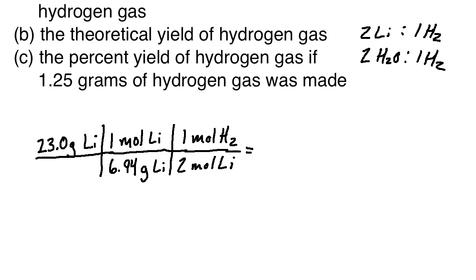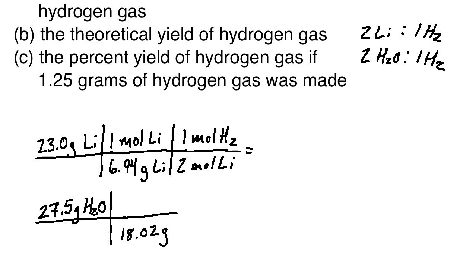All right. So the other one said that we had 27.5 grams of water. Now, with the 27.5 grams of water, the molar mass of water, pulled from the periodic table I'm working with, is 18.02 grams of water for every 1 mole of water.